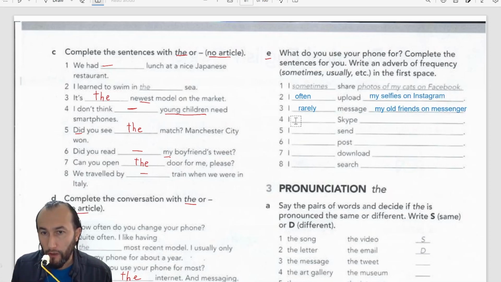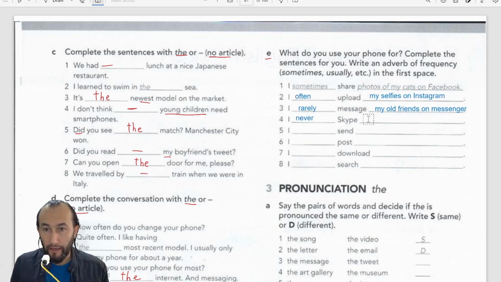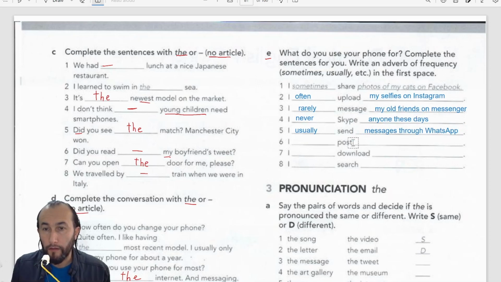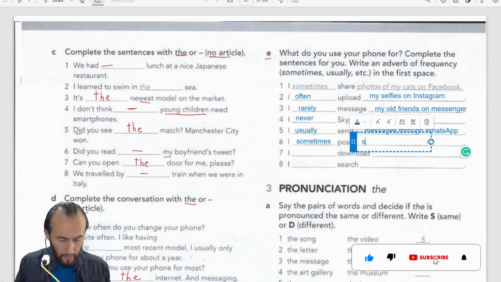Number four, I never Skype anyone these days. Number five, I usually send messages. I usually send messages through WhatsApp. Number six, I sometimes post some interesting ideas on Facebook.